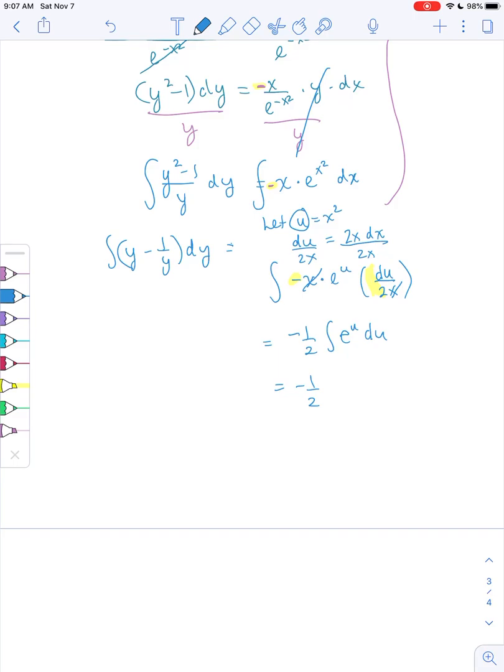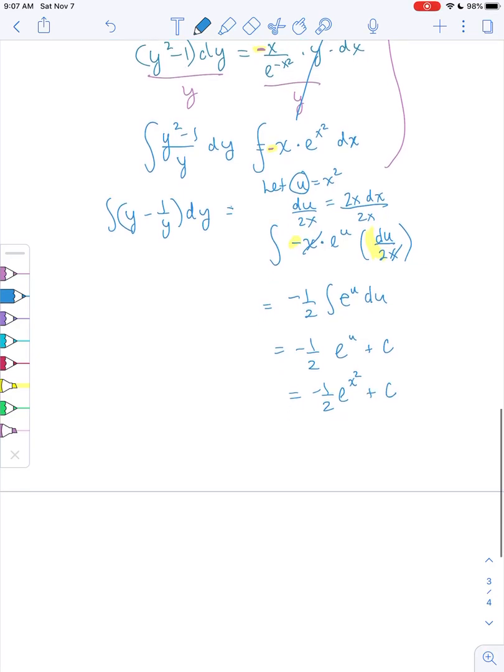The whole goal of u-sub is to simplify your integrand. So what's the antiderivative of e to the u? It's just itself, plus c. We just have to remember to plug back in what u was, which in this case was x squared, plus c.